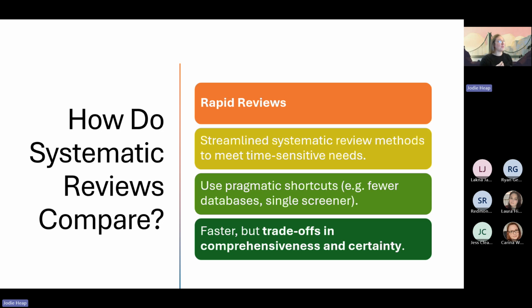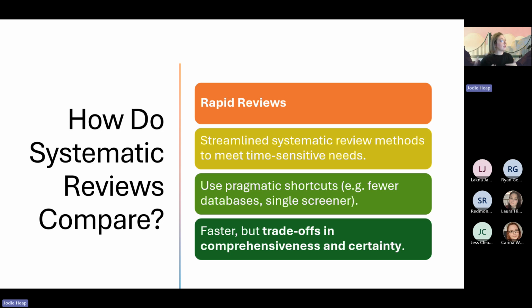It uses some shortcuts, for example, fewer databases or a single screener to speed up that process. But there is obviously a trade-off in that there's less comprehensiveness and certainty in those results due to the speed and the bias that is naturally encountered with a single reviewer.